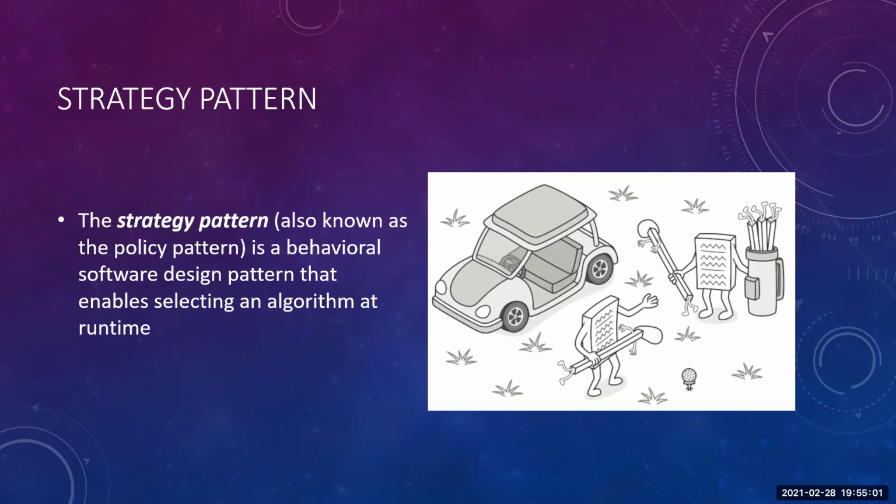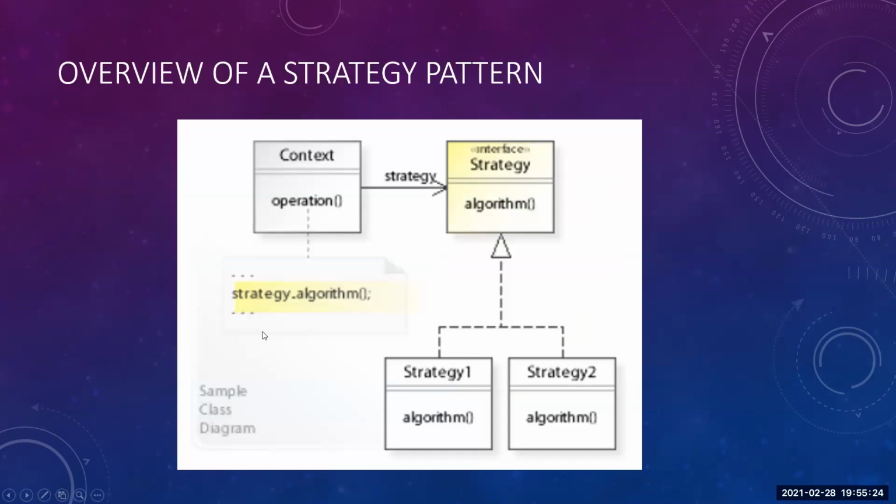Instead of implementing a single algorithm directly, the code receives runtime instructions as to which in the family of algorithms to use. So you have to write a family of algorithms, and then write on top of that something which will choose dynamically. Before going to the overview, what I personally feel is, what is the intent for it? Well, the intent is again the same.